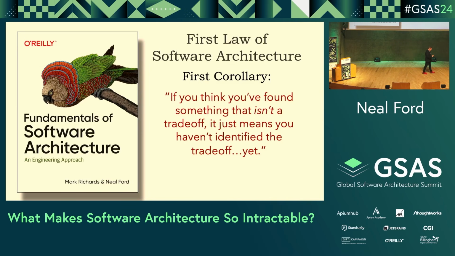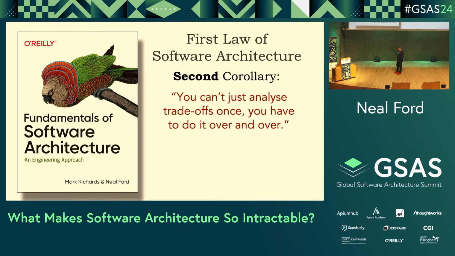Mark and I are now in the process of doing the second edition of Fundamentals of Software Architecture, and we have now uncovered a second corollary to this first law. And you're the first audience to see this because this is literally just weeks old. And the second corollary is you can't just analyze trade-offs once, you have to do it over and over.